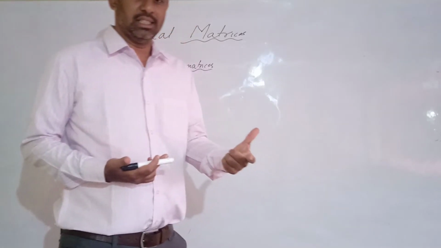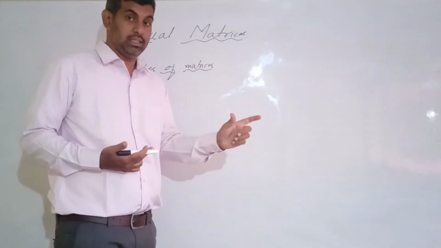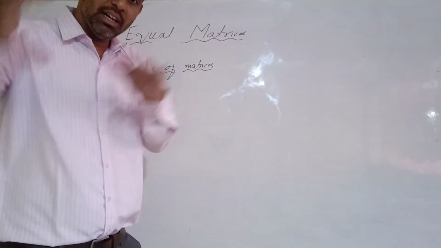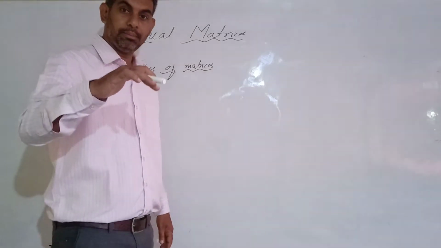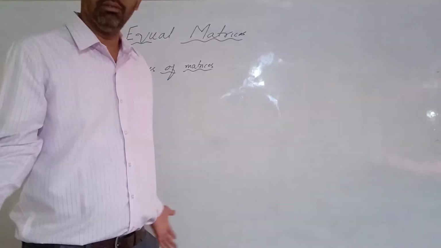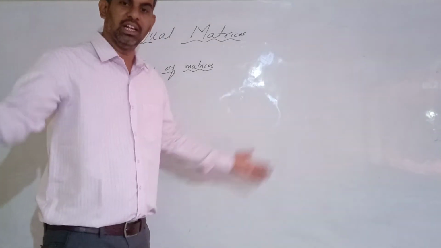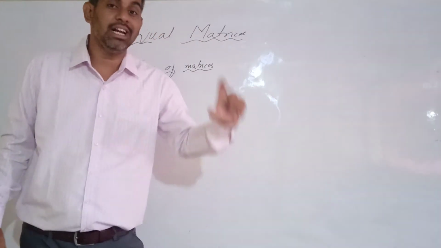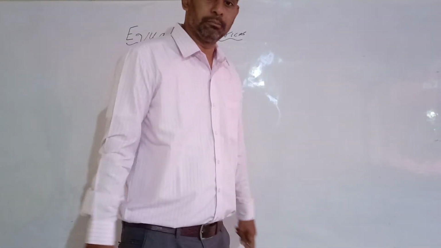Matrices are always denoted by capital letters. We cannot use small letters. The elements of the matrix may be numbers, names, alphabets, symbols, the name of a city, names of the students of the class, whatever it may be. But the matrix should always be denoted with capital letters.